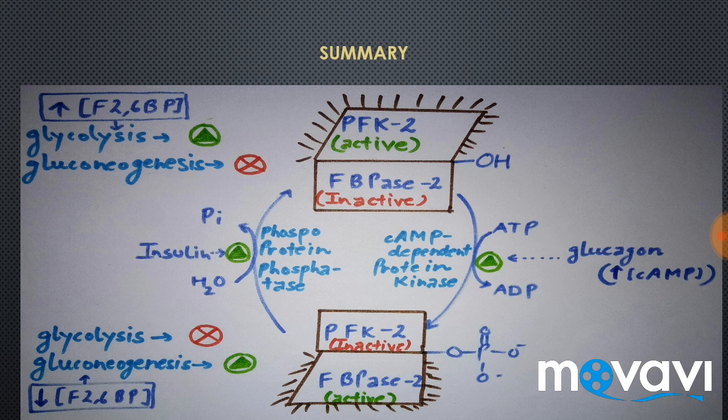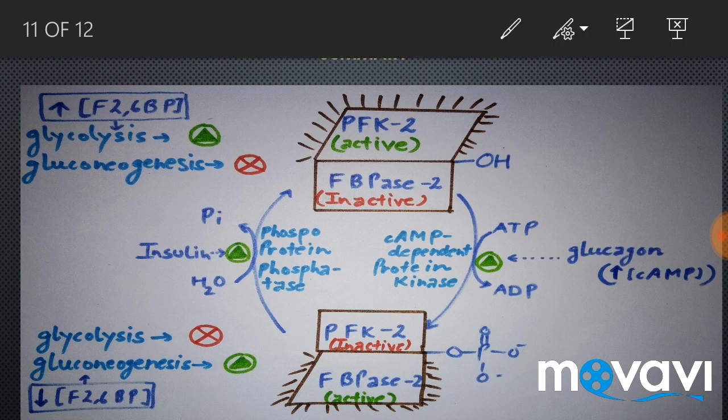Now we are going into the depths of this pathway. This starts from cAMP. You can see here, this is our cAMP. An increase in cAMP signals glucagon to be produced.